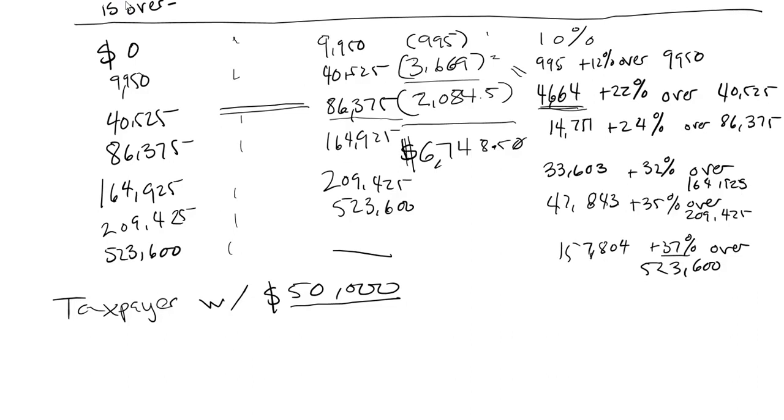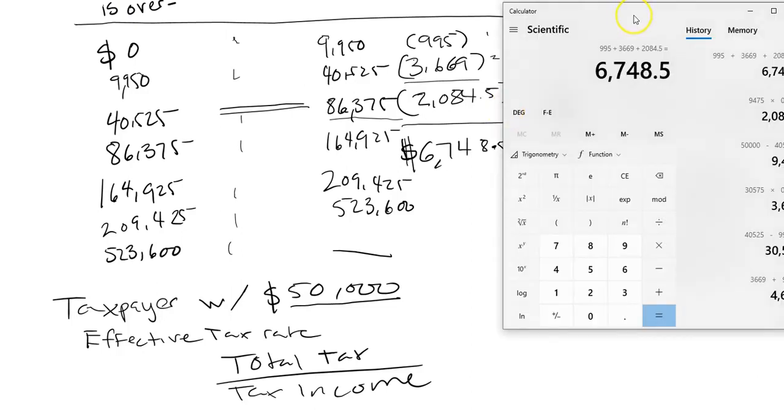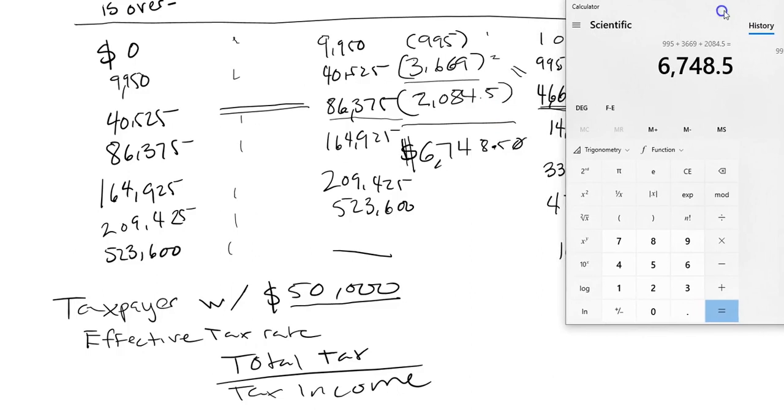All right, so if we want to find the effective tax rate, so we get to the end here, we see how these brackets work, but say we want to find the effective tax rate. Effective tax rate is going to be total tax divided by the taxable income. I might have that upside down, but what we'll do is take that $6,748.50 divided by the 50,000.